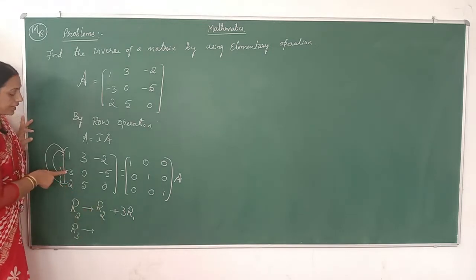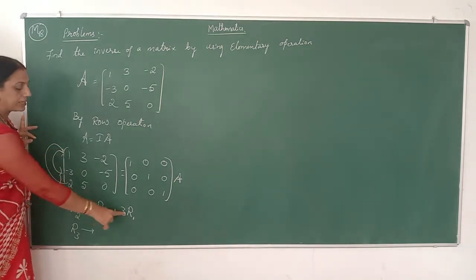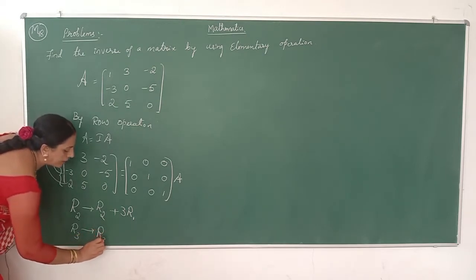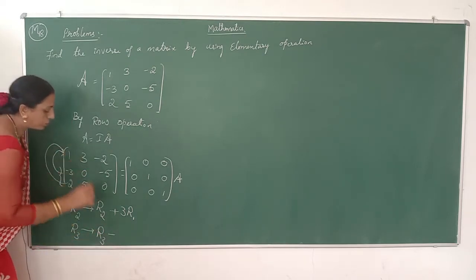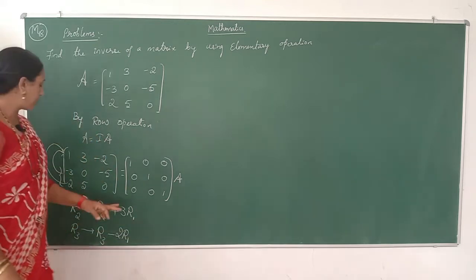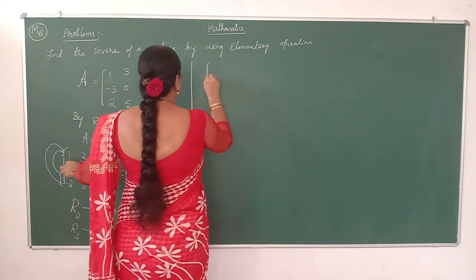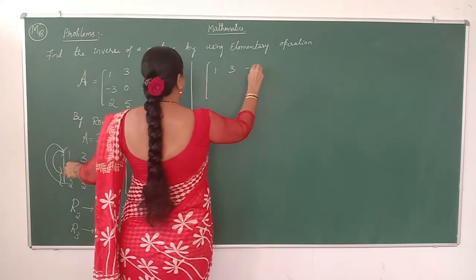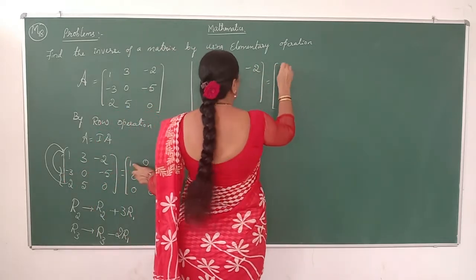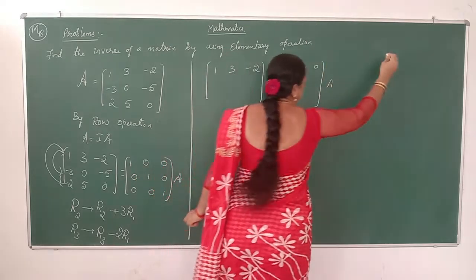But in the second row, one of them is positive and another one is negative, so we add with each other. Therefore, R3 changes with R3 minus 2 times R1. Therefore, the first row is 1, 3, minus 2, and on the RHS it is also 1, 0, 0 into A.